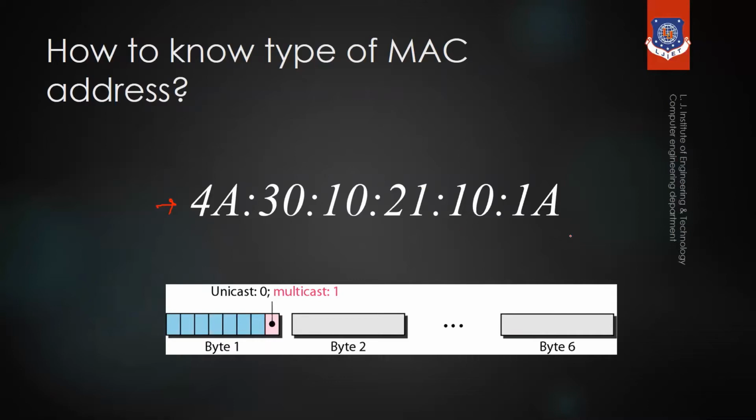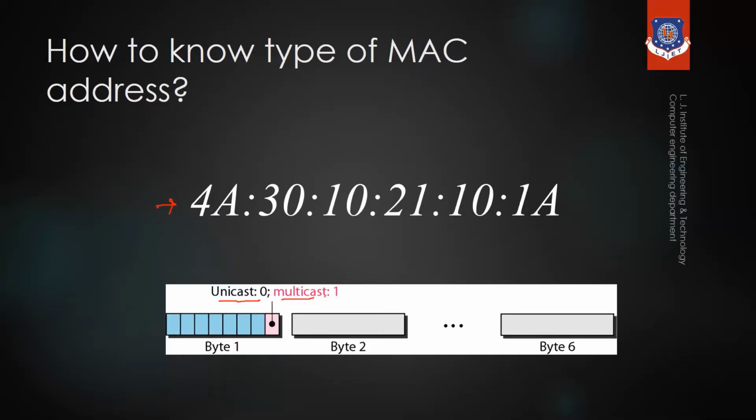So to check, we have to see the first byte of the MAC address. In the first byte, if the LSB is 0, it means that MAC address is a unicast MAC address.